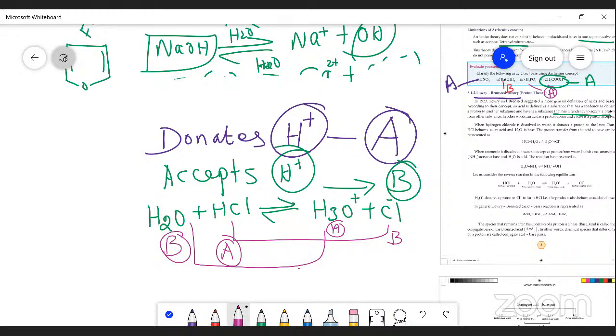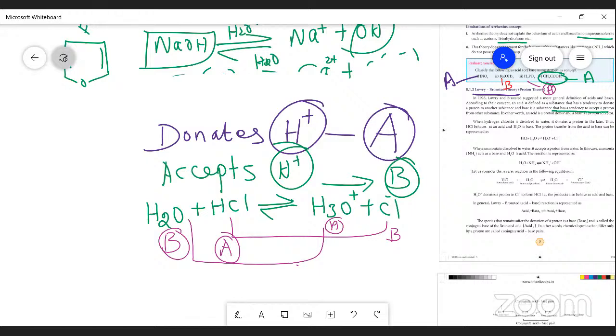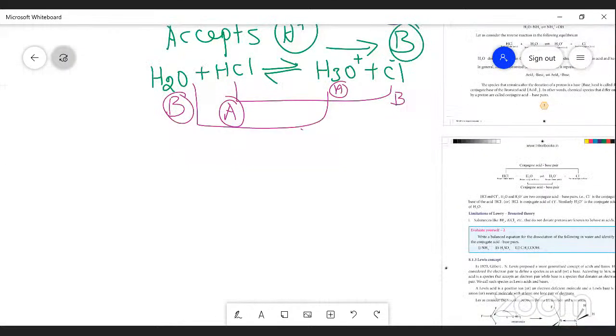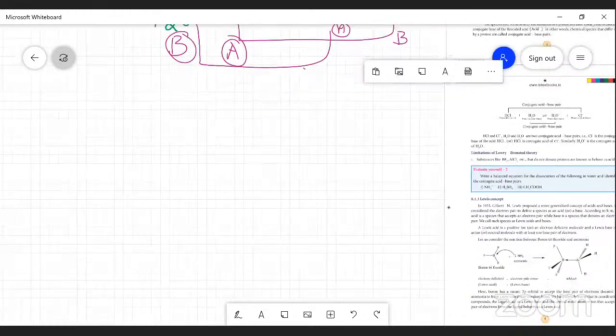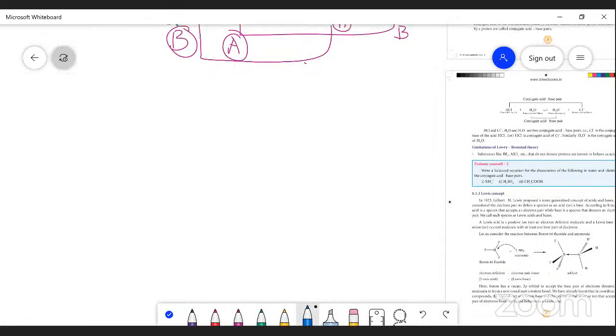Let us see some more examples; it will be more clear. Conjugate acid-base pair: what is this? The same reaction. See, HCl is an acid. Why is it called an acid?